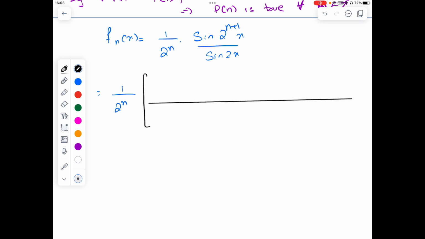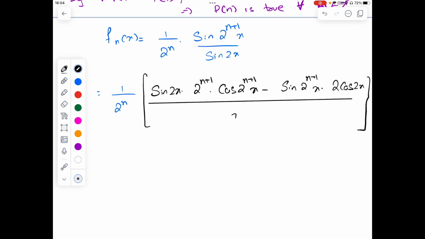Then I write sine 2x times 2 power n plus 1 times the derivative of sine, which is cosine 2 power n plus 1 x, minus next, sine 2 power n plus 1 x will remain as it is, the derivative of sine 2x is 2 cosine 2x, divided by sine square 2x.